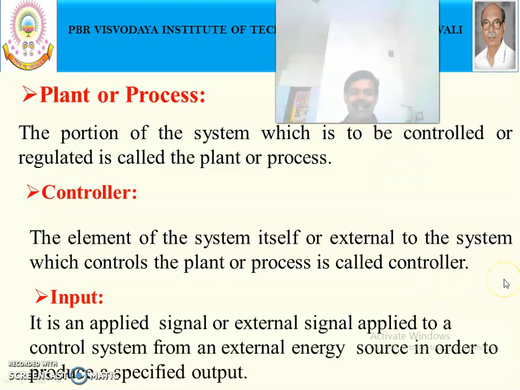It is an applied signal or an external signal applied to the control system from an external energy source in order to produce a specified output. In order to produce a specified output, you give some input to a control system from some external source; that is called input.